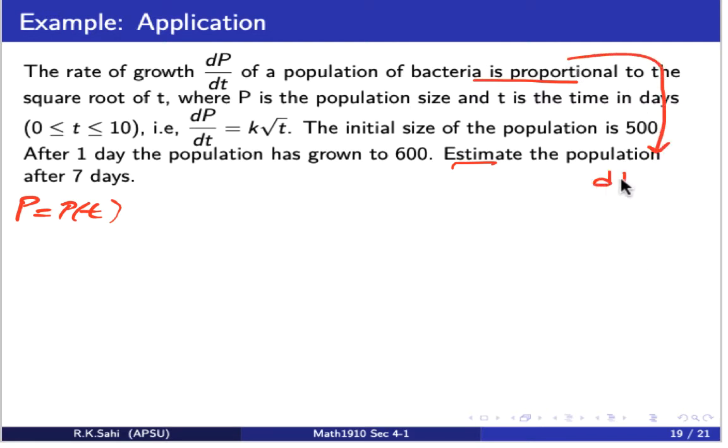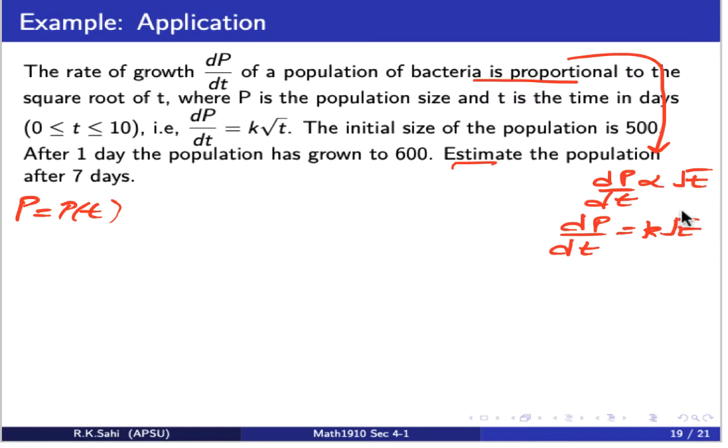It means dP/dt is proportional to the square root of t. That's what it simply means. And when you write it down and remove the proportionality, dP/dt is k times the square root of t.